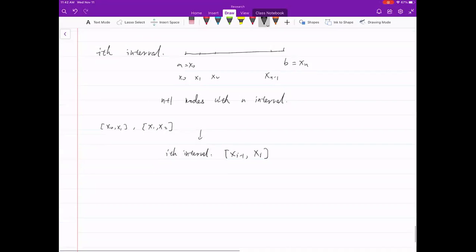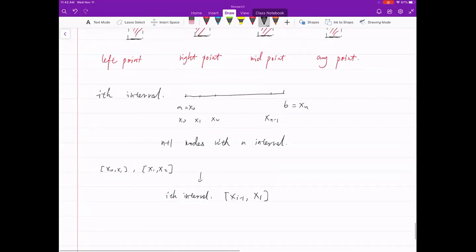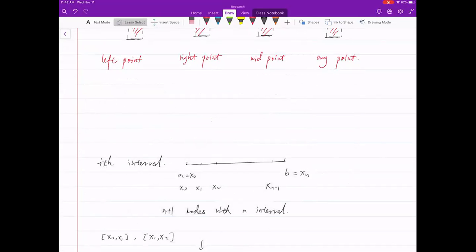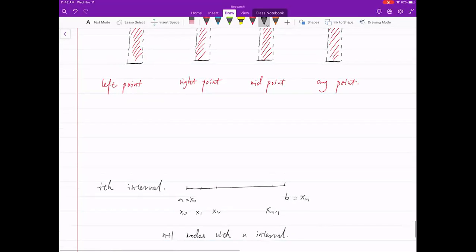Okay. Then, if you go back and try to think about this, for the ith interval, the height is basically f(x_i*), where x_i* is a point in the interval.